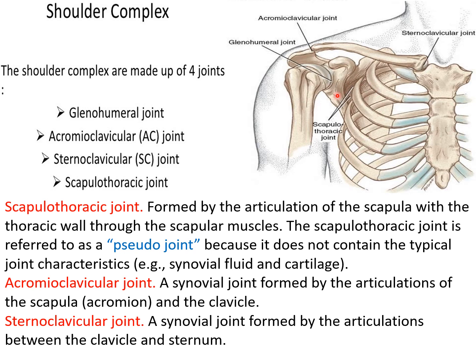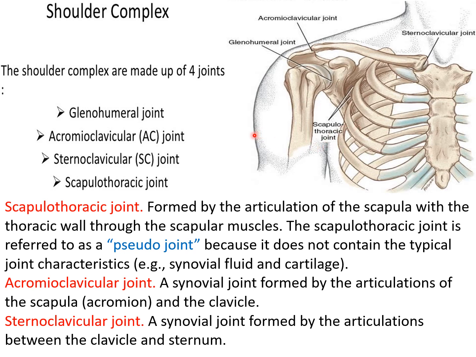Now coming to the scapulothoracic joint. This is formed between the anterior surface of the scapula and the ribcage or the thoracic wall, with the scapular muscles.